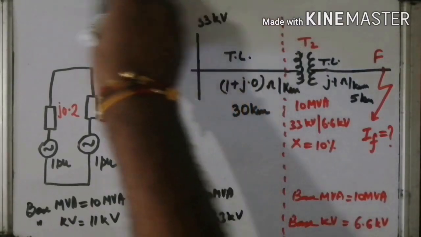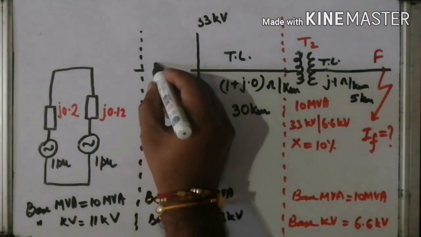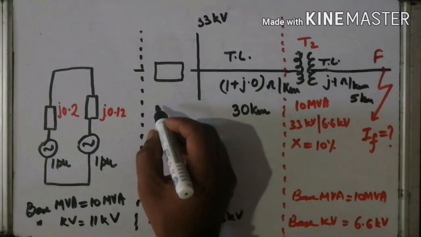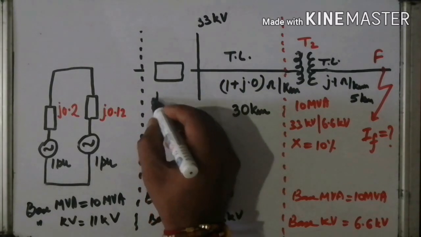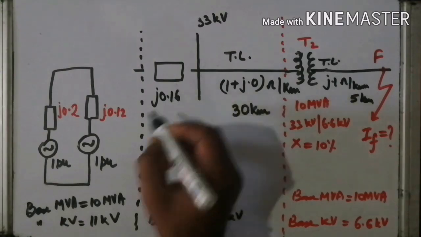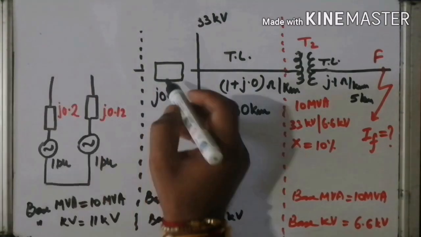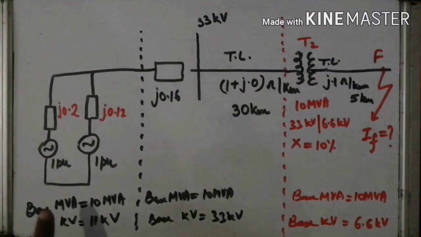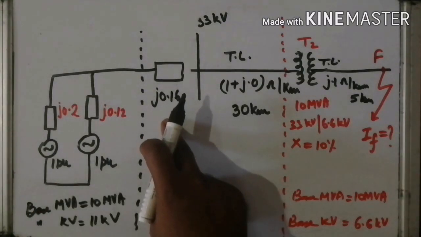So for this portion there is a reactance having the value of J 0.16. Is it okay? These two are operating in parallel. This one for the transformer.